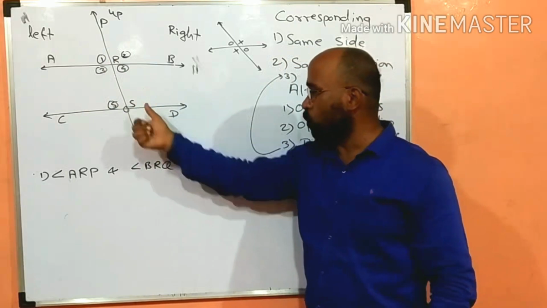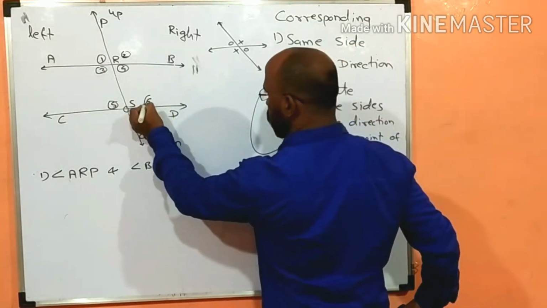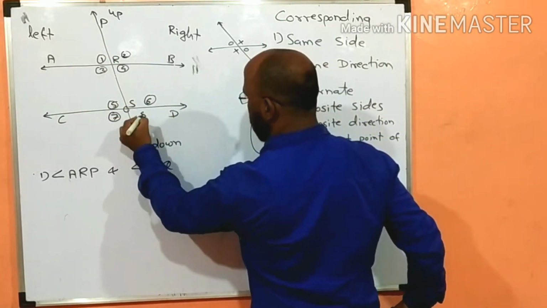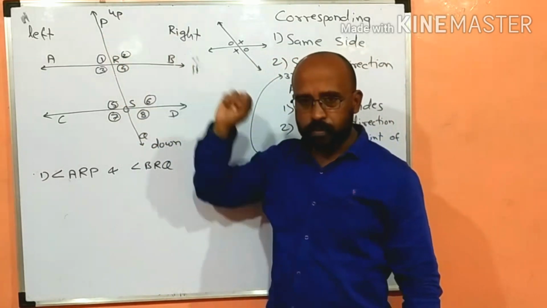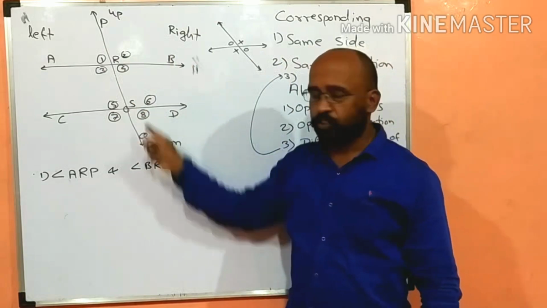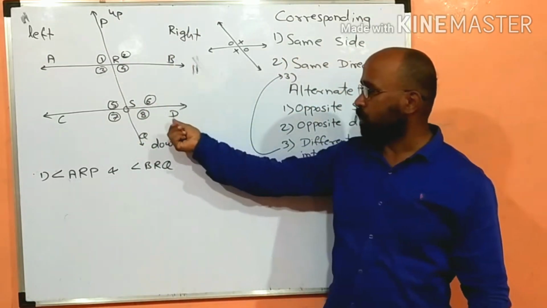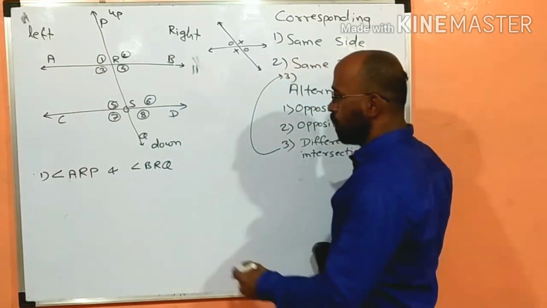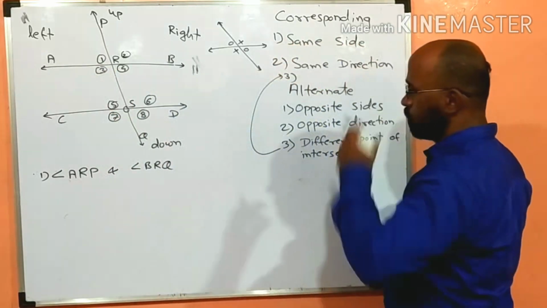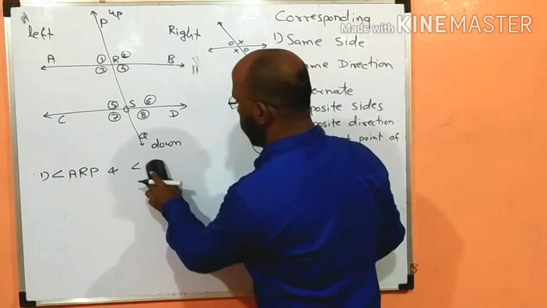So here there are two angles, angle 6 and angle 8. Angle 6 is angle DSP, angle 8 is angle DSQ. Now let's talk about DSP. DSP is on the opposite side of ARP. We are searching alternate angle of angle ARP.